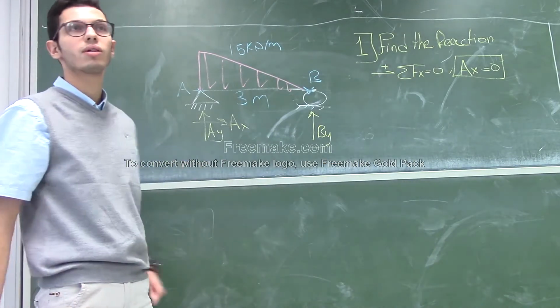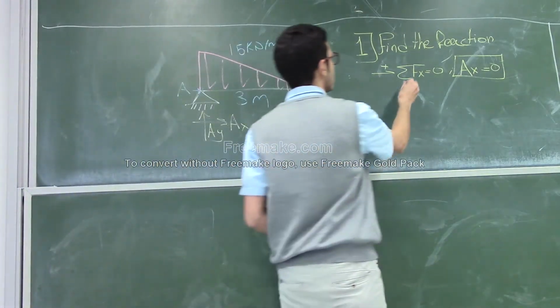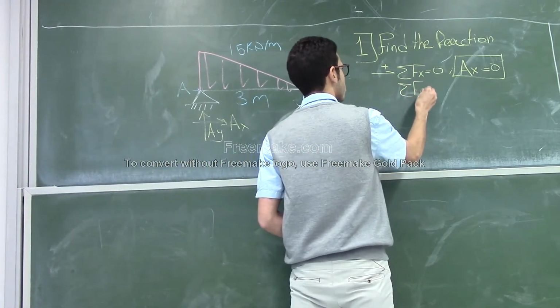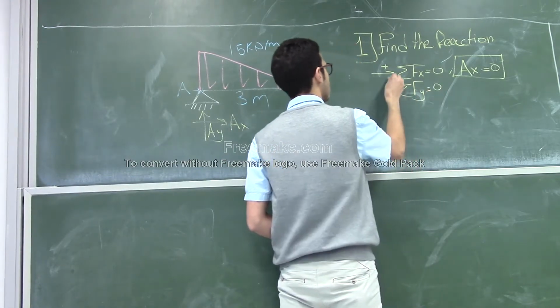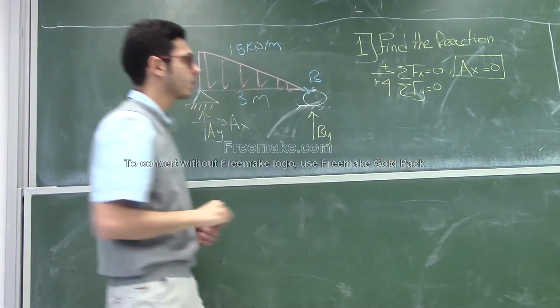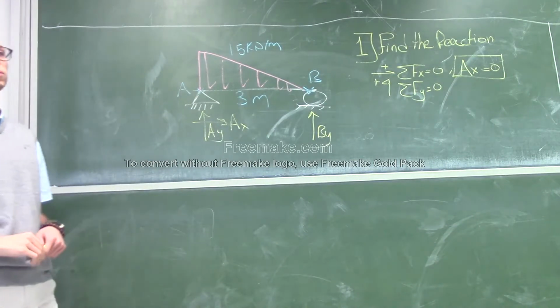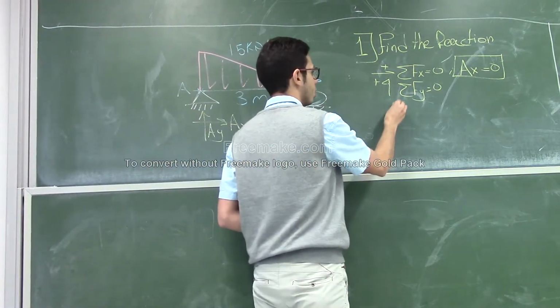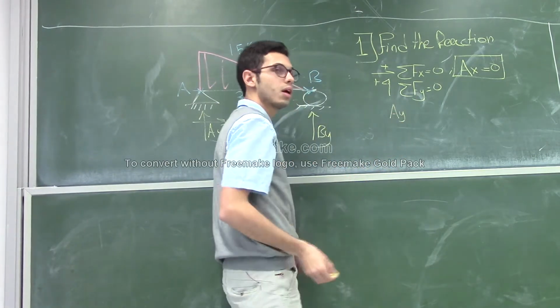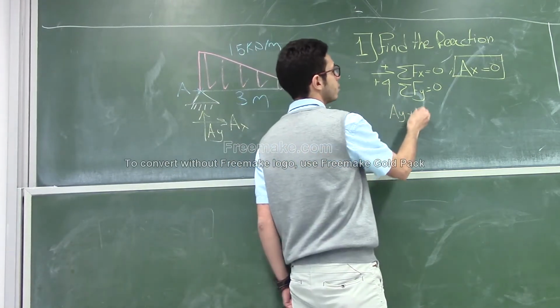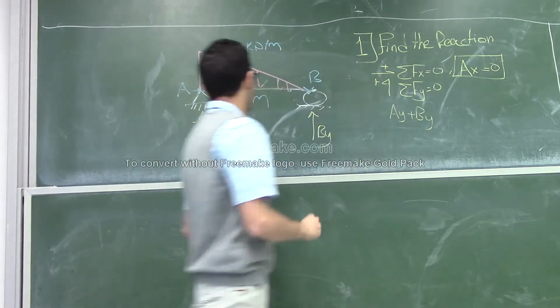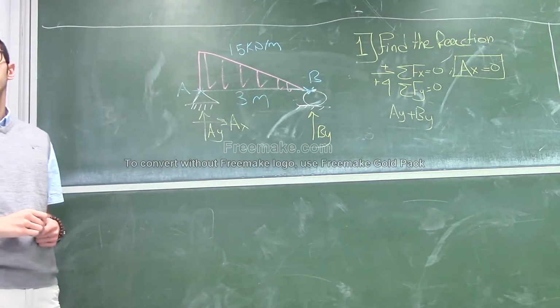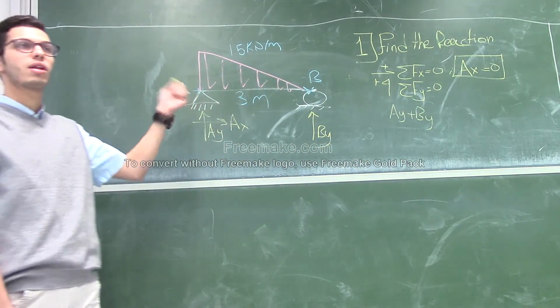Okay, the second equation is the summation of the forces on the Y is equal to 0. What forces on the Y do we have? AY plus BY. And now we have a triangular load, right? And I explained how you can deal with it in the last lecture.